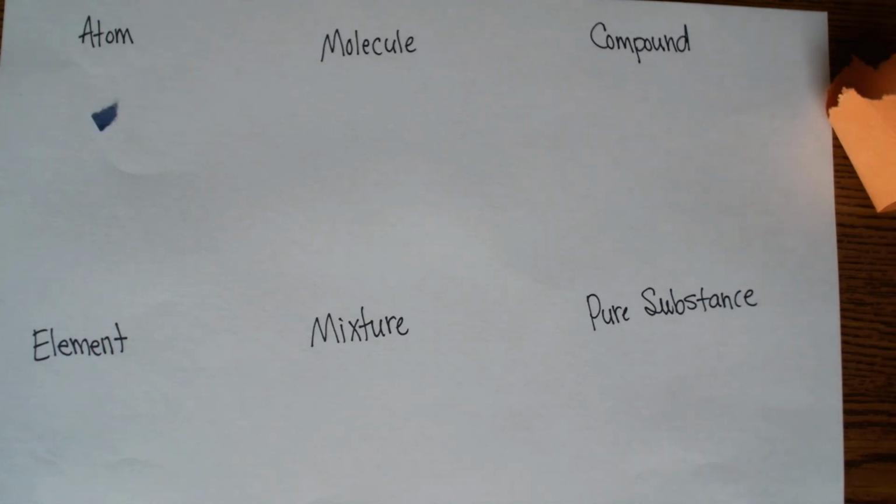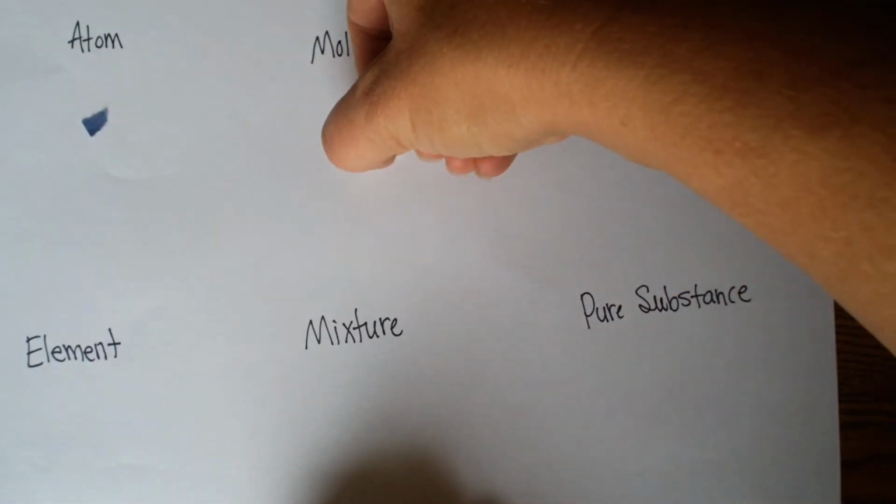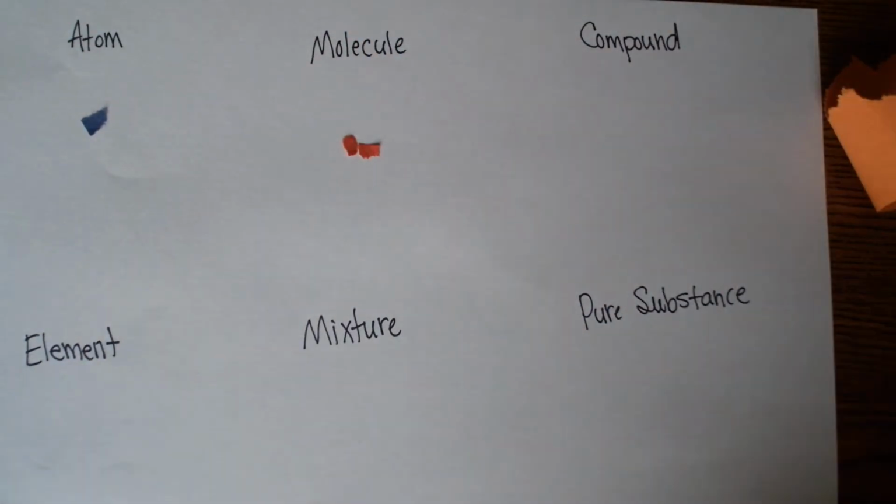Okay? So when we think about the word molecule, which is what you just did with the Quizlet, how is a molecule different than an atom? Somebody's got two fingers held up. If this is one atom, we might have this as a molecule.